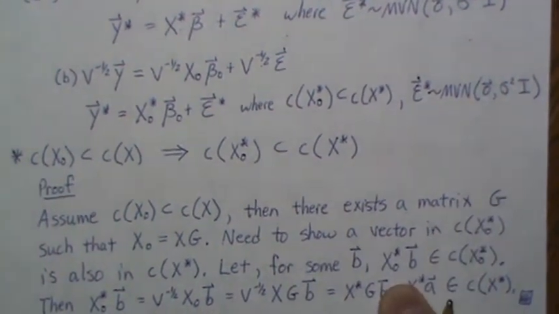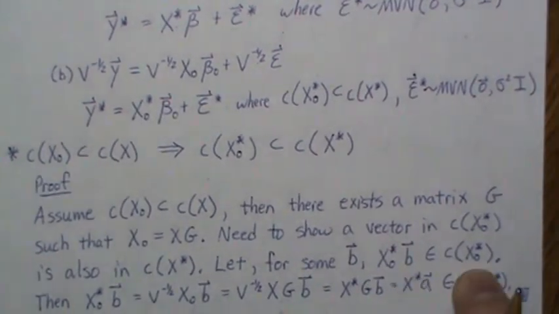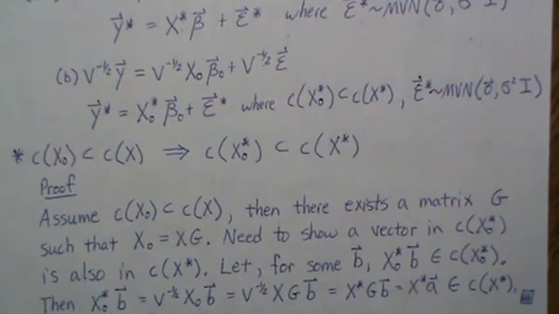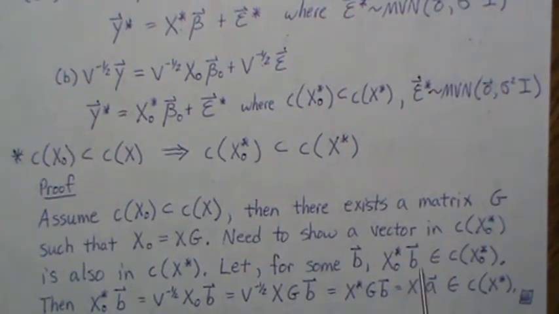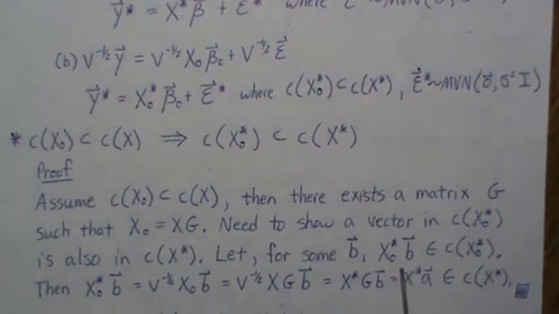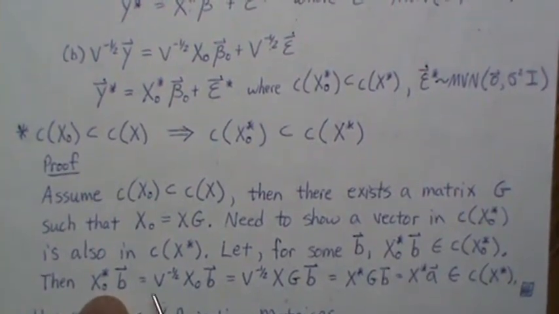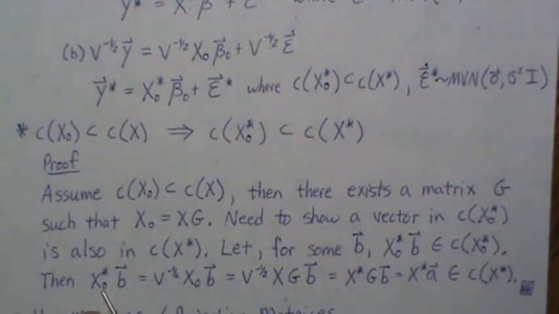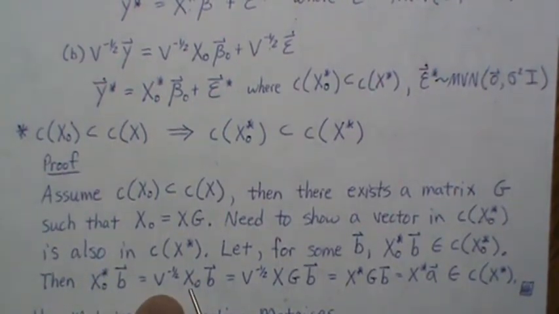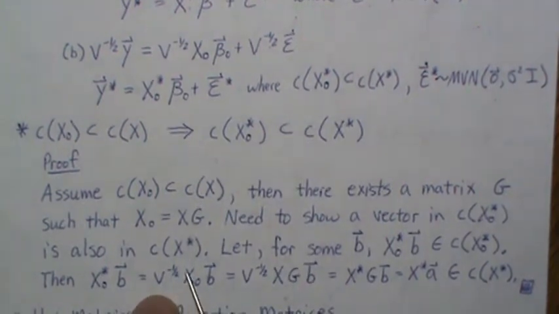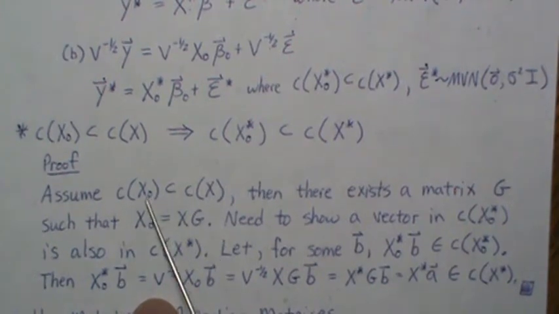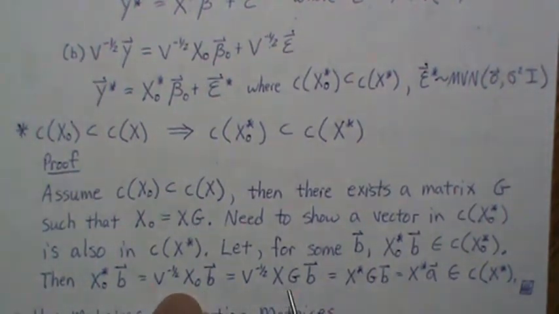Then X₀*b is in the column space of X₀*. That's by definition, this linear combination. Now if we unpack X₀*, this vector is this. But now, if this is true, then X₀ can be represented like this: for X₀, we plug in XG.